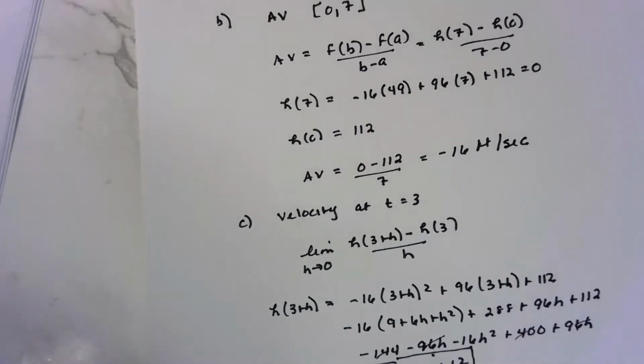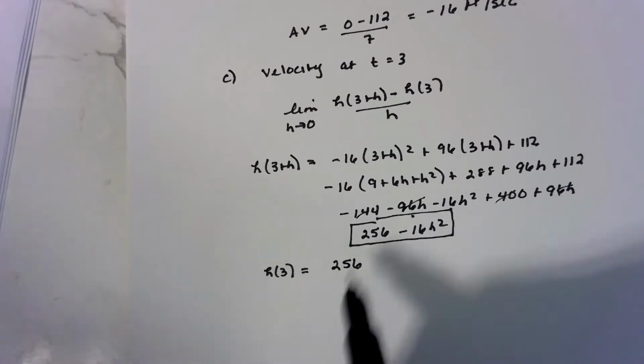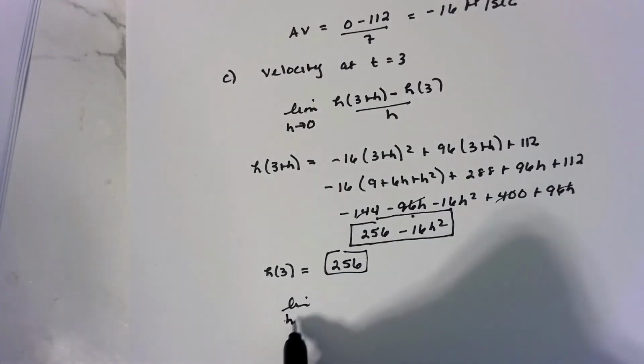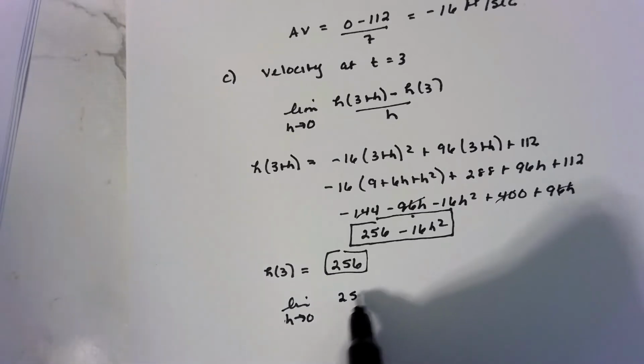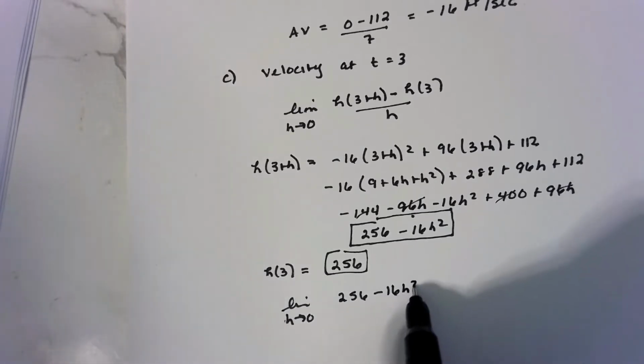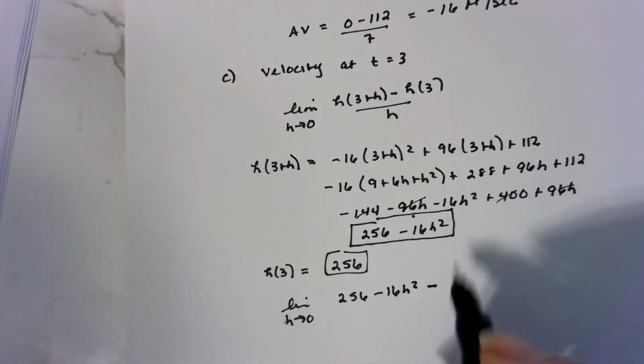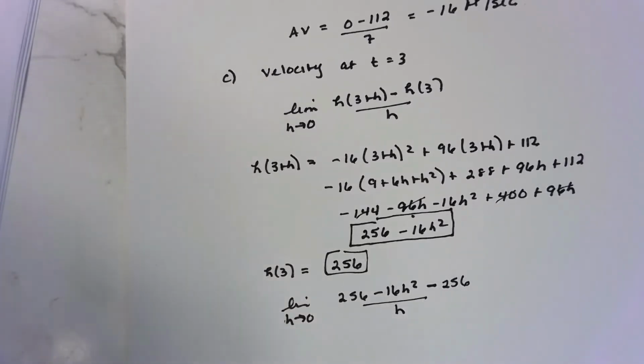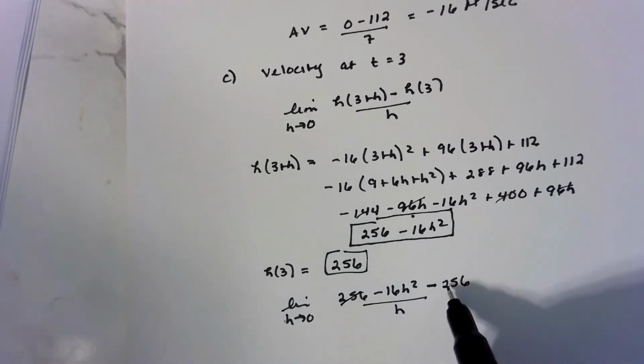Okay? So this is my h of 3. Now, rewriting the formula, the limit as h approaches 0 of 256 minus 16h squared minus h of 3, which is 256, all over h. The 256's are going to cancel.